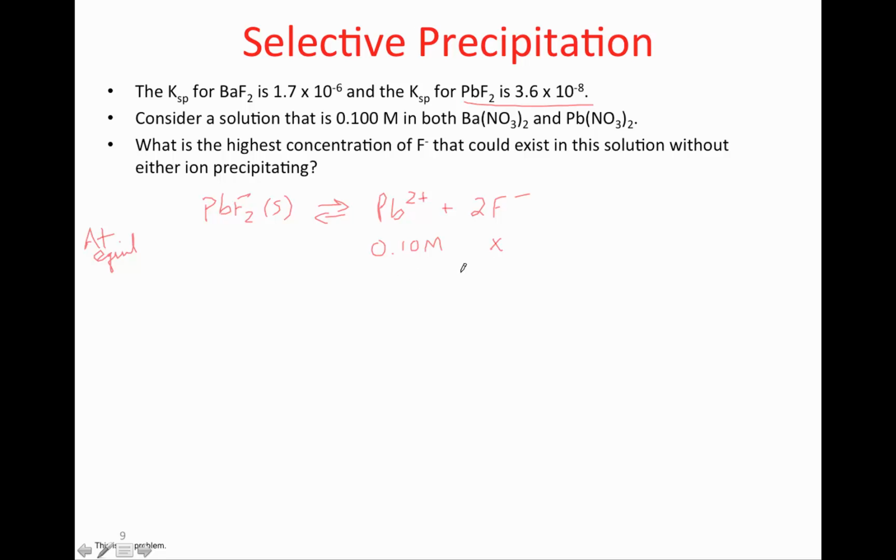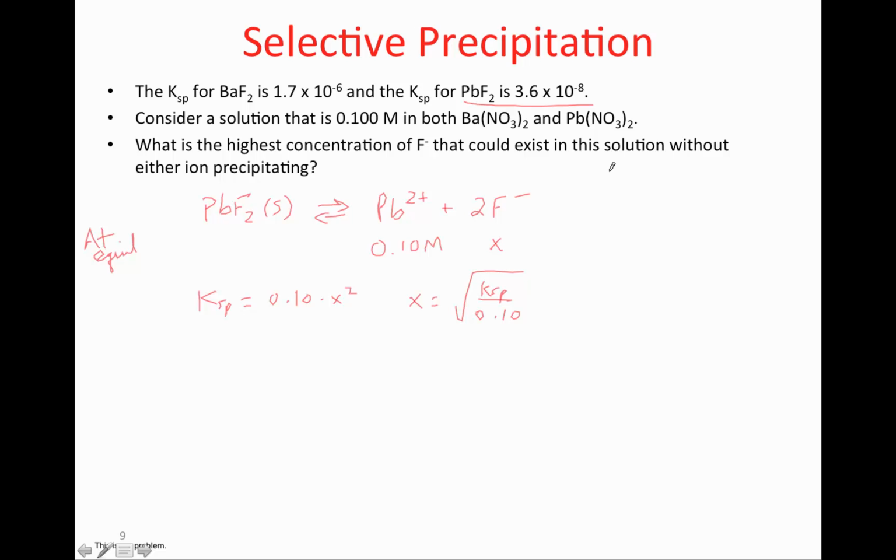Okay, so let's do this really quick. If I'm at equilibrium, this is an easy calculation. KSP is equal to 0.1, sorry about the sig figs, times x squared. And so x is equal to KSP over 0.1, and I'll take the square root of that.